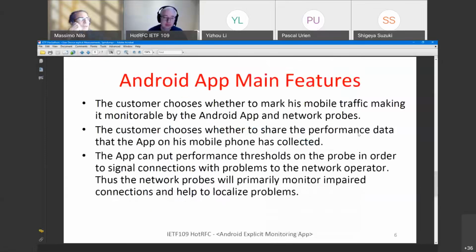What are the main features of this mobile application? The first is that the customer chooses whether or not to mark his mobile traffic, making it monitorable by the Android application and the network probes. The second is that the customer chooses whether to share the performance data that the app on his mobile phone has collected.